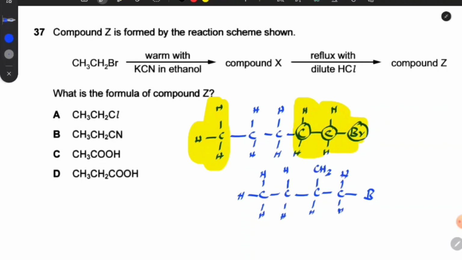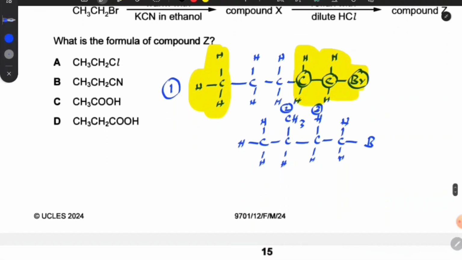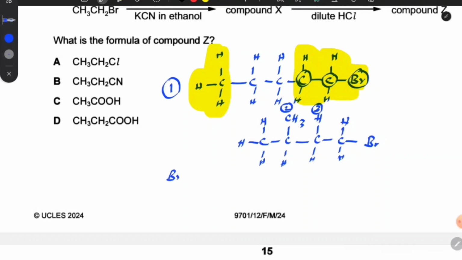Or what you can do is take this CH3 on this carbon. So 1, then if you have CH3 on this carbon, 2, if you have CH3 on this carbon, then 3. There are 3 possibilities. Or there is one more possibility, that this part will remain the same, there is no change in this part.